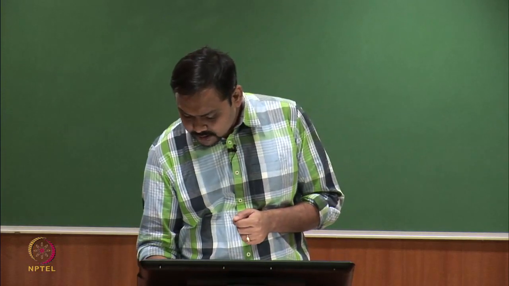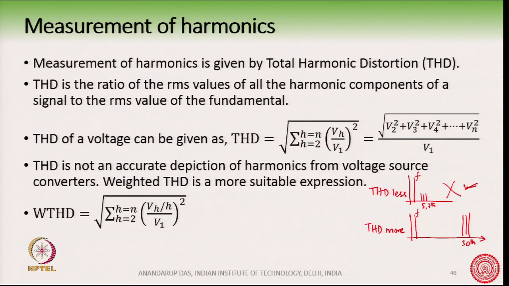These are more problematic. For example, 5th and 7th harmonics cause 6th harmonic torque pulsation in the induction motor. Okay. So, this is never a good idea, because although the amplitude of 5th and 7th are small, they are very close to the fundamental, and this closeness is something which must be avoided.